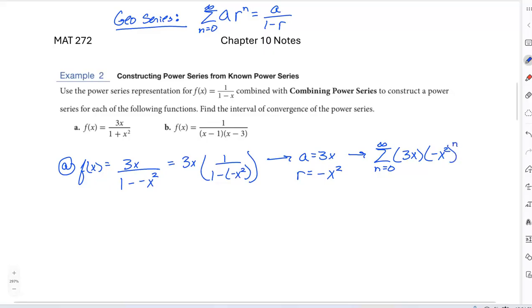And I'm going to tweak this just a little bit. So I've got the sum from n equals 0 to infinity. This is 3 times x, and this would be negative 1 times x squared to the n.